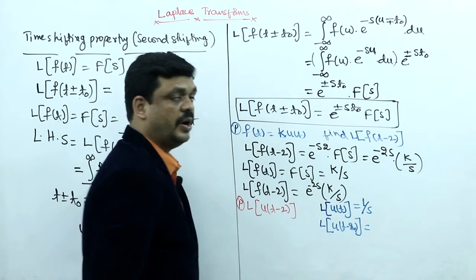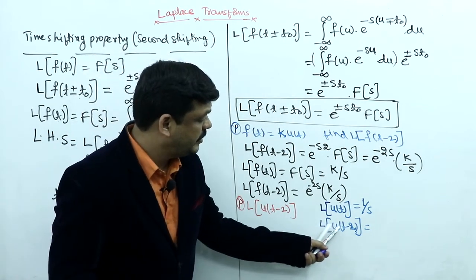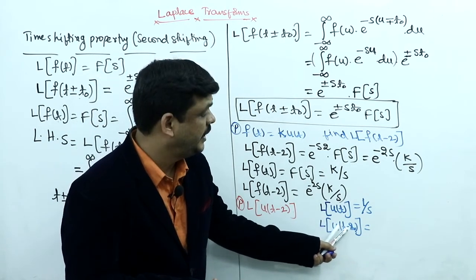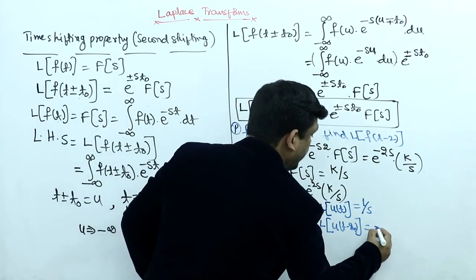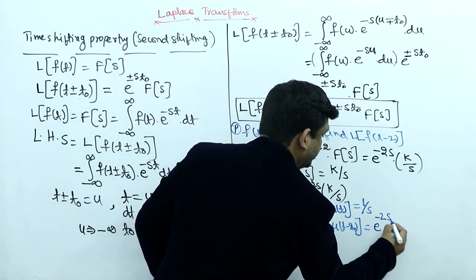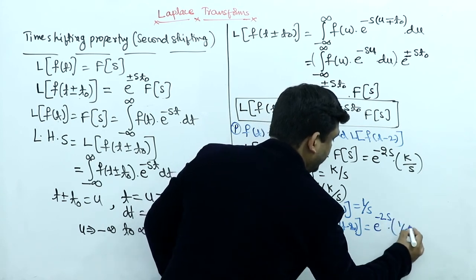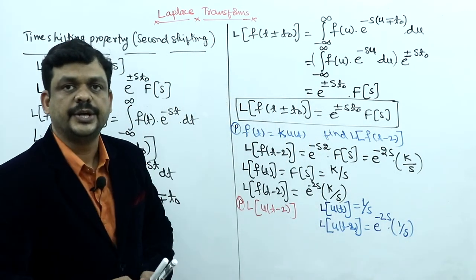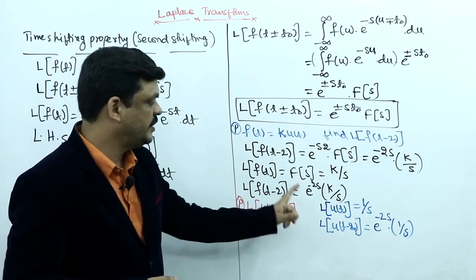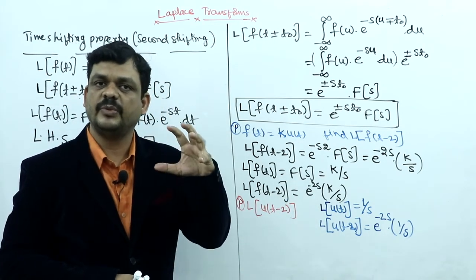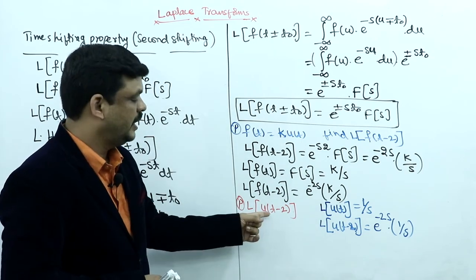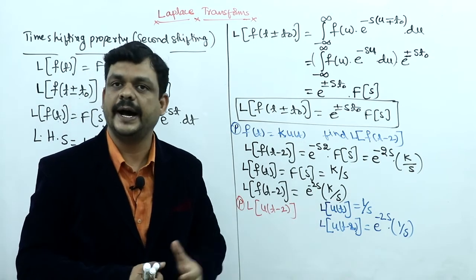Laplace transform of u of t minus 2: the signal is shifted by 2, so this side it multiplies with the exponential function, e to the power of minus 2s into 1 by s, right? So to apply this property, first of all we have to find the Laplace transform of f of t, or the Laplace transform of the given function, and later apply the shifting property, then you will get the answer.